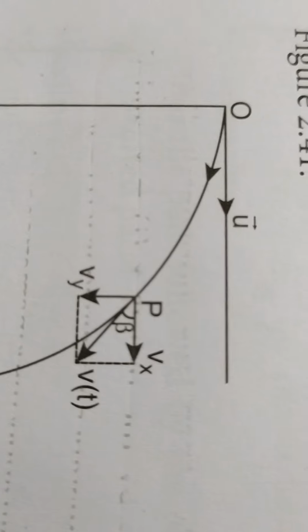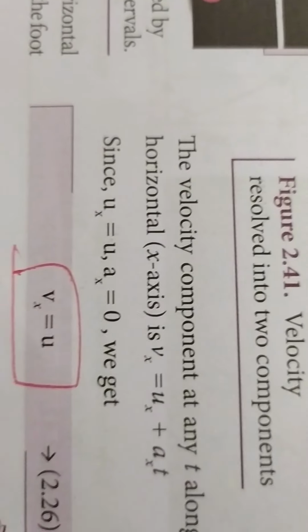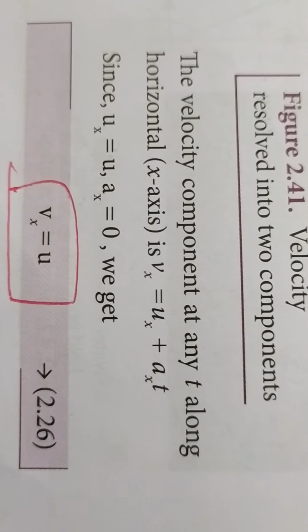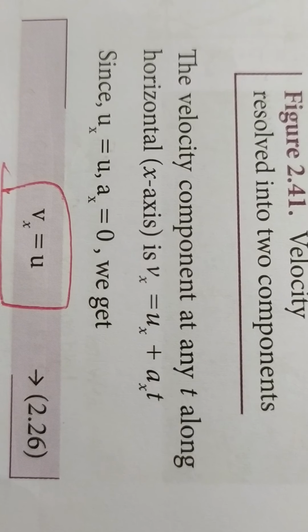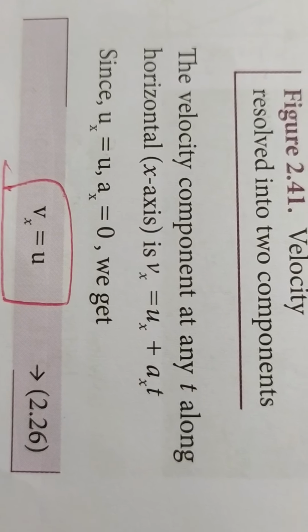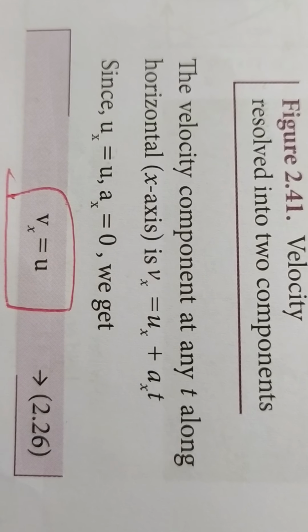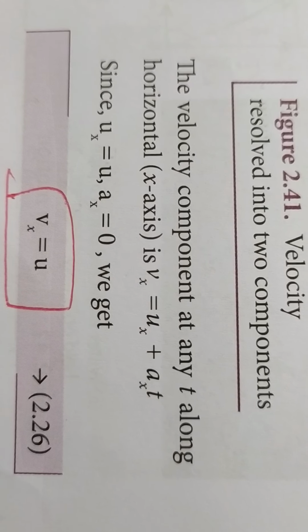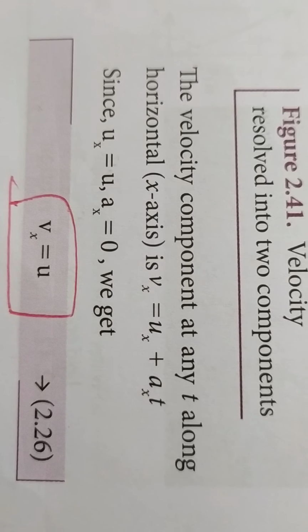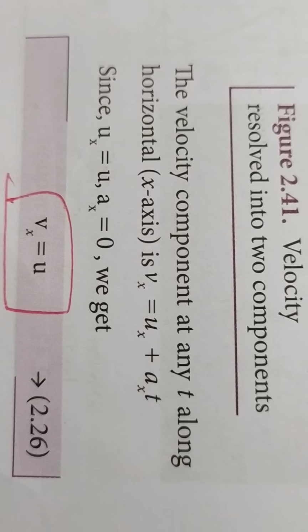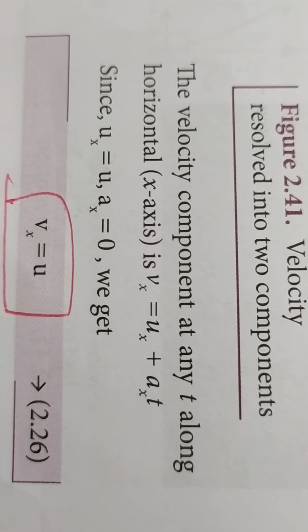So V is called the resultant velocity. In the horizontal direction, v_x is equal to u_x plus a_x t, and here u_x is equal to u, and in the horizontal direction there is no acceleration, so a_x becomes 0. So the equation is v_x is equal to u.